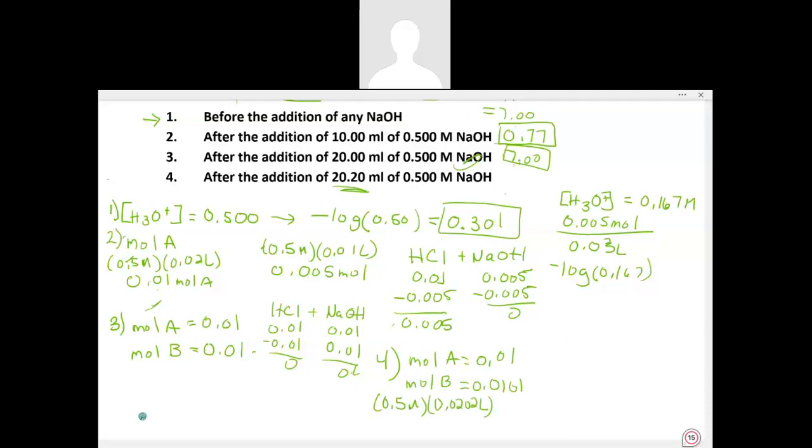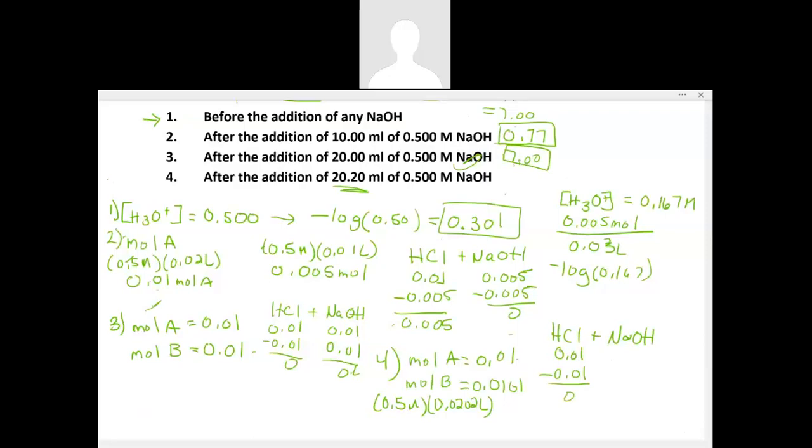All right, so now what do we do? We do the same thing as we've done previously. We find out the excess of sodium hydroxide here. So we take our equation, HCl plus NaOH, and we have 0.01 minus, all you can subtract here is 0.01.